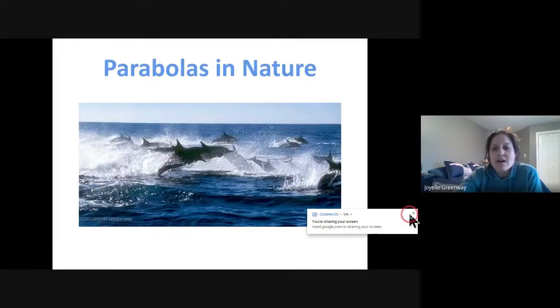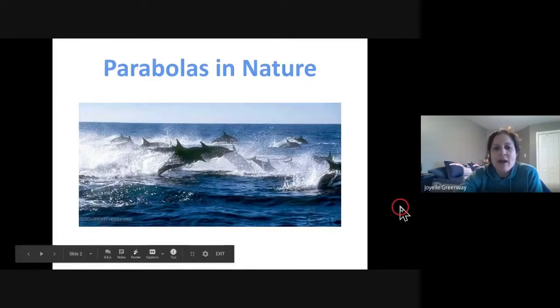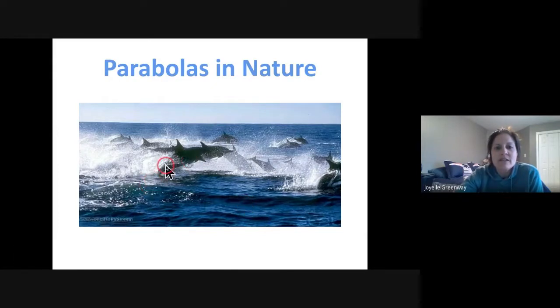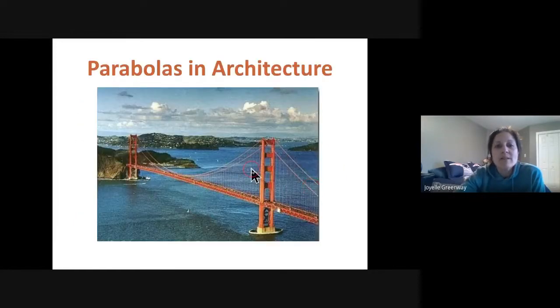So here are some ways that parabolas are found in nature. As you see, the dolphins jump out of the water and then they return to the water. So that makes a parabola. Parabolas are in architecture.